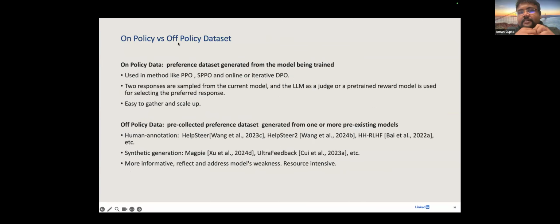Now, in terms of the data, more recently, on-policy data has become really popular. Now, what is on-policy data? As you're training the model for preference tuning, instead of relying on data generated offline, you can generate samples from the current model and use some kind of LLM as a judge to select which is the preferred response.